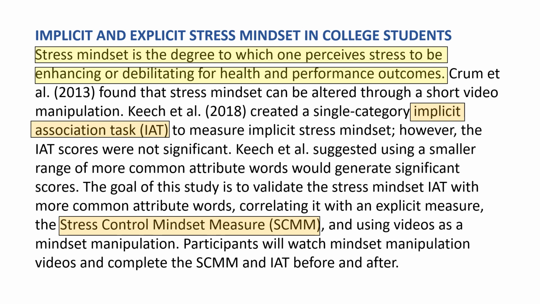The information about enhancing or debilitating health and performance describes the related internal processes. The information in the middle and toward the end of the summary are the two operational definitions of stress mindset, a score on an implicit association test and a score on the stress control mindset measure.